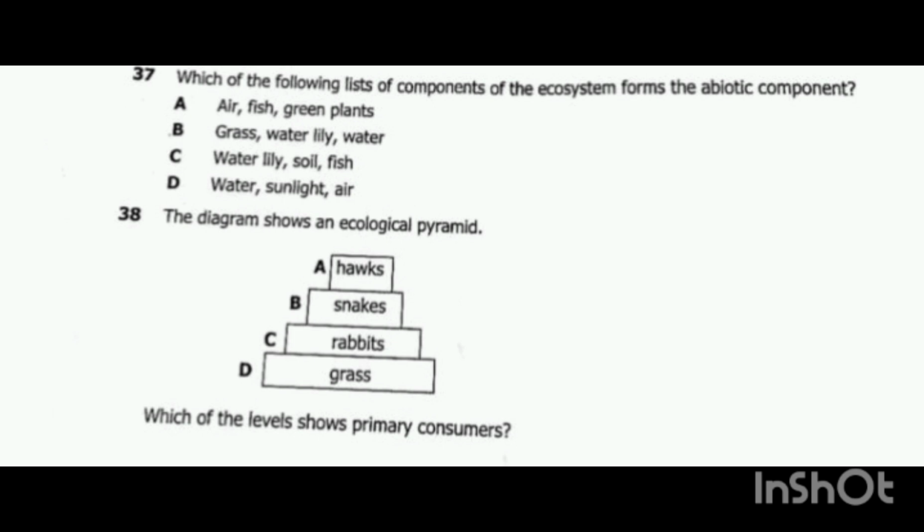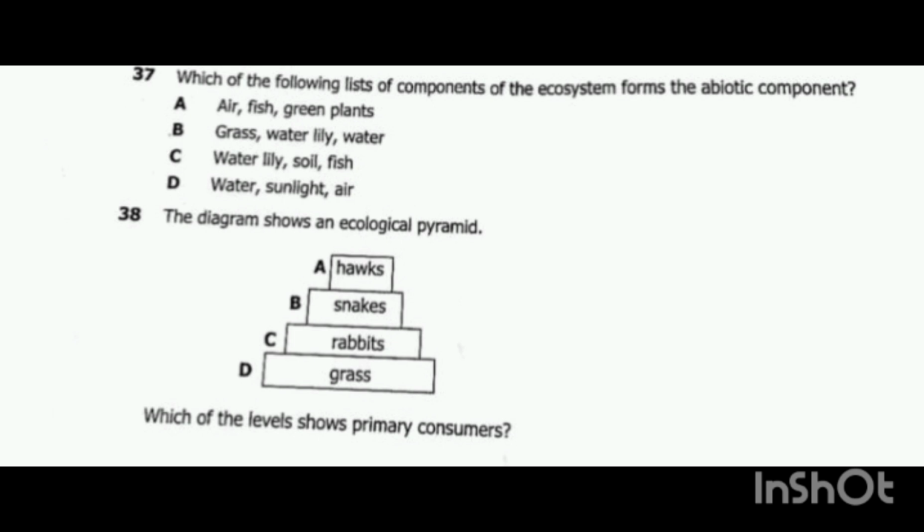So we have what we call biotic and abiotic components. Abiotic components are non-living components of the ecosystem. In short, these are non-living things. So they want us to identify non-living things or non-living components of the ecosystem.